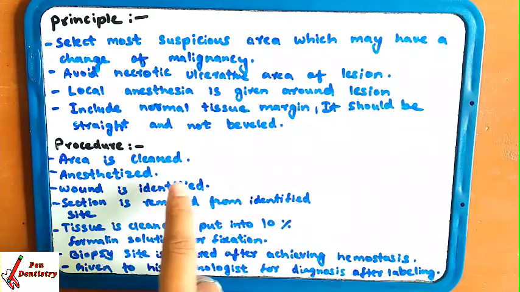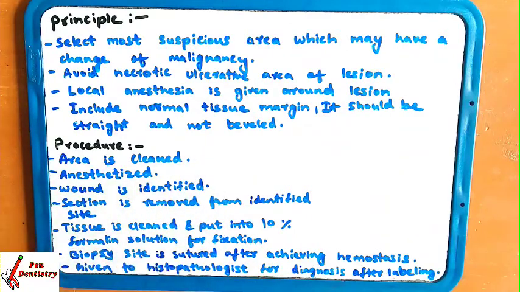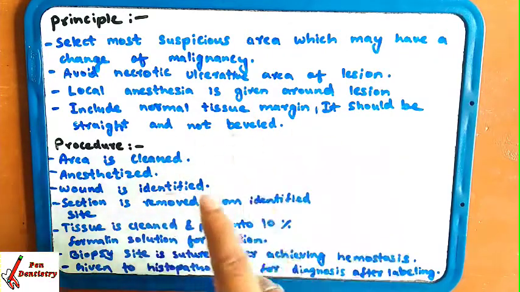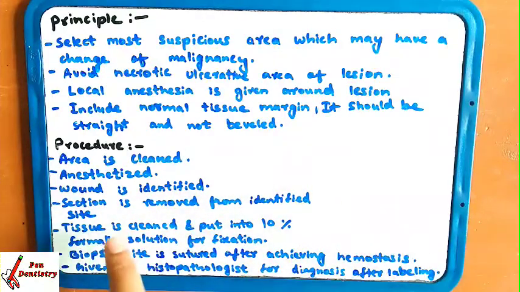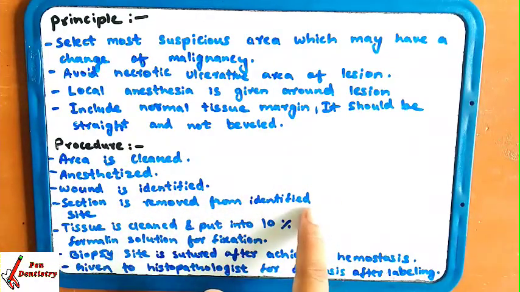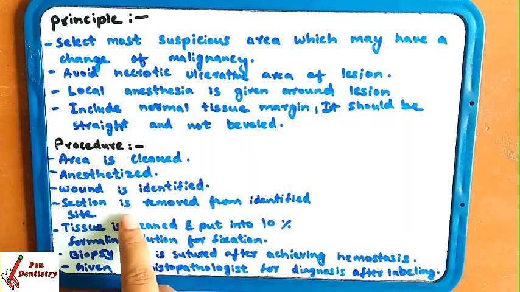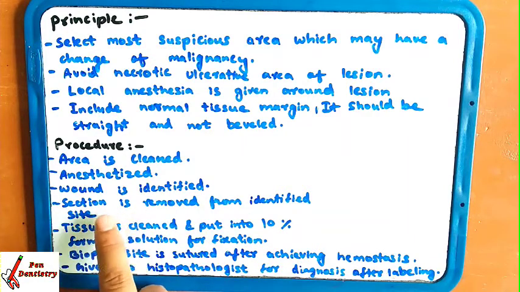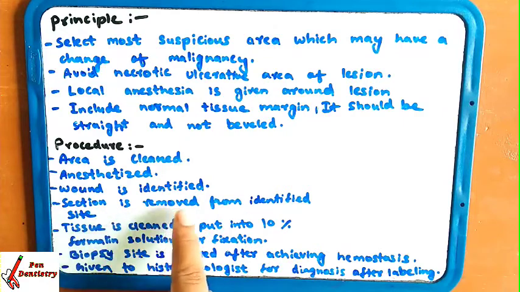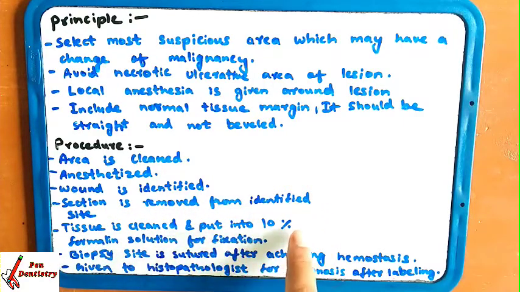Procedure: you are going to clean the area and anesthetize the area. The lesion site is identified, and the section is removed from the identified site. Tissue is cleaned and put into 10% formalin solution for fixation.